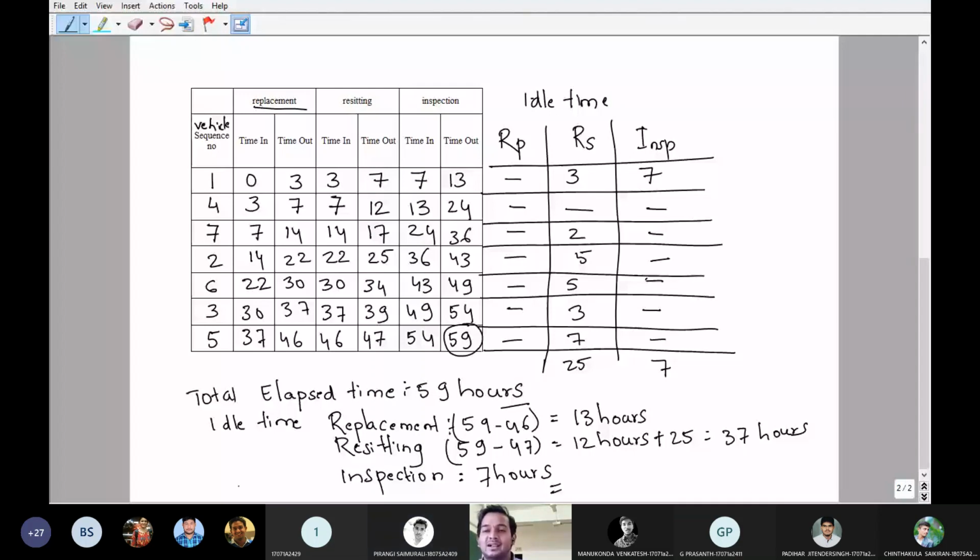It is for identifying the processing time. Sometimes 4 will come here, 3 will come here, in a different sequence, but as per this format we can easily identify it. So in the sequence form, the operations can run easily with the help of the time in and the time out.